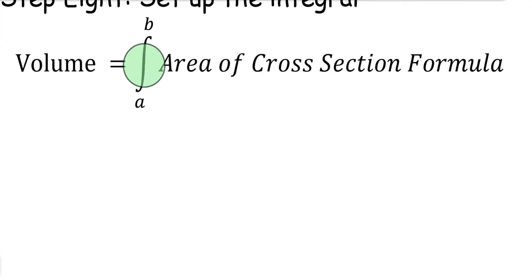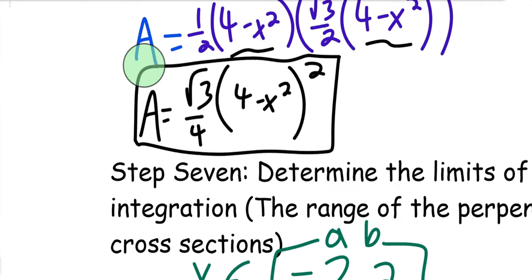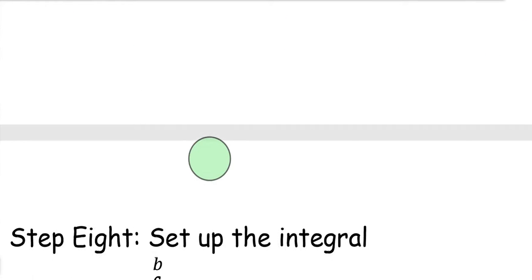So when we set up this particular volume formula of our solid, it's going to start at -2. It's going to go to 2, and then we're just going to plug in the area formula for each of those cross sections. Okay, so that's going to be the square root of 3 over 4 times (4 minus x squared).